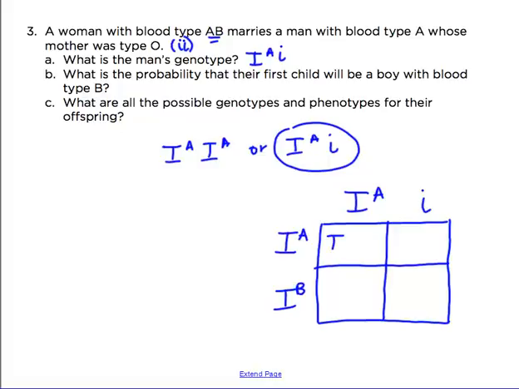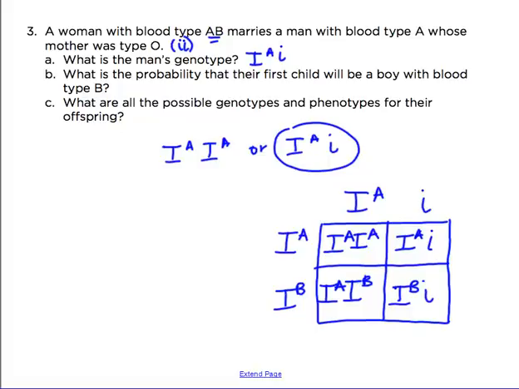Okay. So you get big I A, big I A, big I A, little i, big I A, big I B, and big I B, little i.